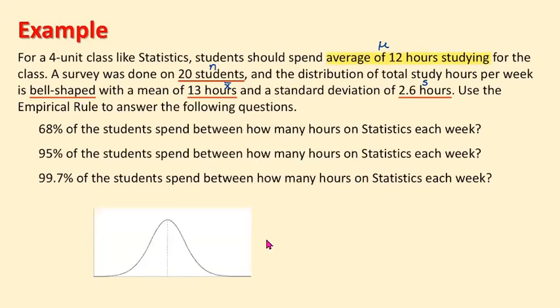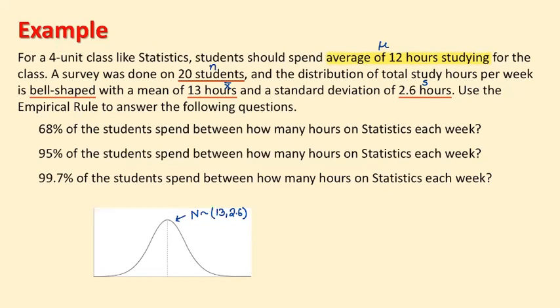So here is my bell-shaped distribution. It's a normal distribution with a mean of 13 hours and standard deviation 2.6 hours.